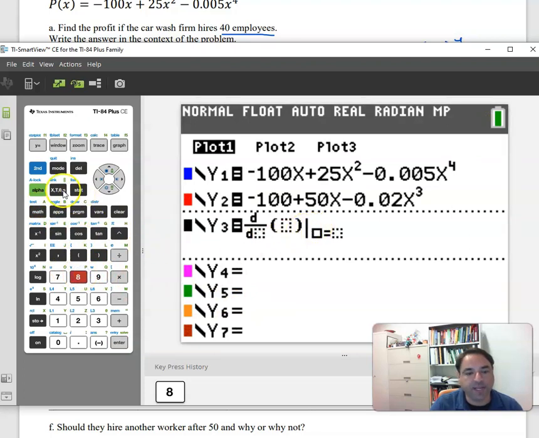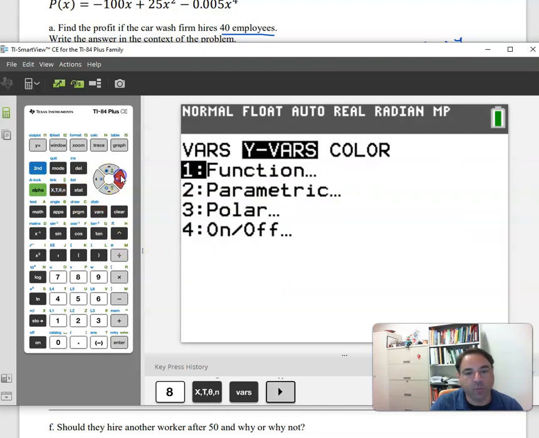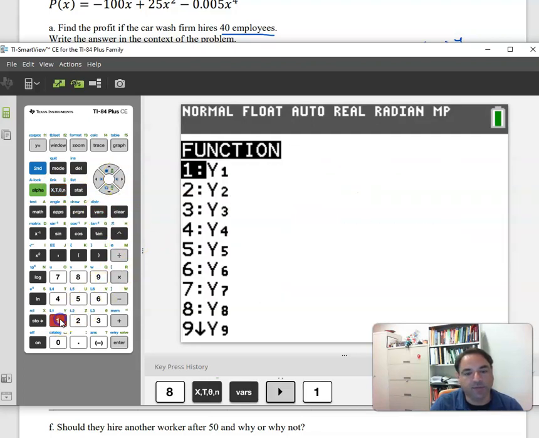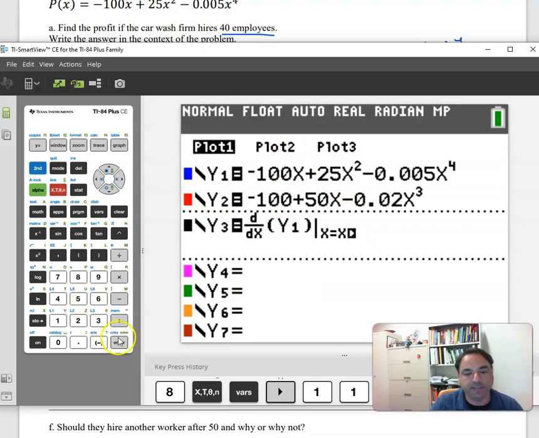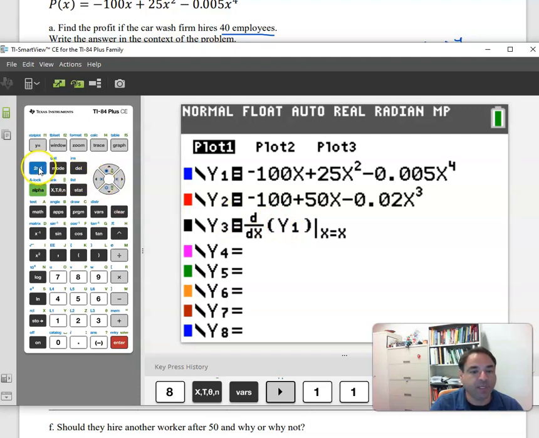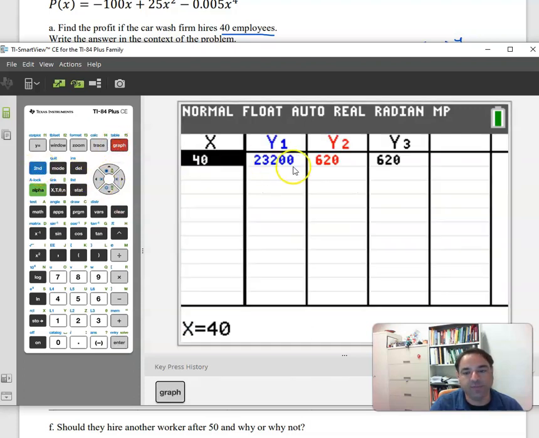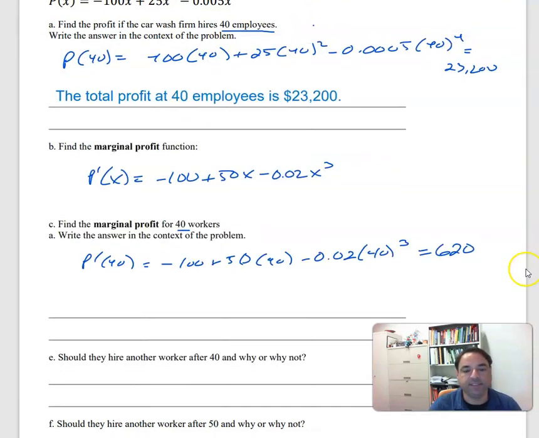If your calculator looks like mine, we put an x, and then in the parentheses y1: vars to the right for y vars, number 1 for function, number 1 for y1, because we're taking the derivative of y1. Push to the right, hit x, enter. So y2, the derivative by hand, and y3, the derivative in the calculator, should be the same. We hit second graph for the table, 620, 620, they match. We know everything's good.